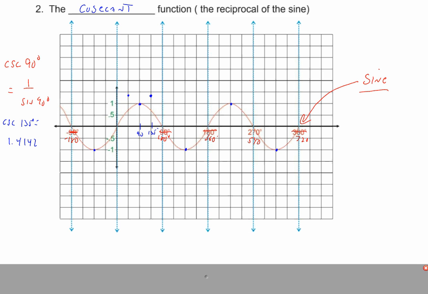All right, let's go ahead and do 180. What is the cosecant of 180 degrees? Go ahead and punch that out. What'd you get? All right, is that what your calculators say these days?